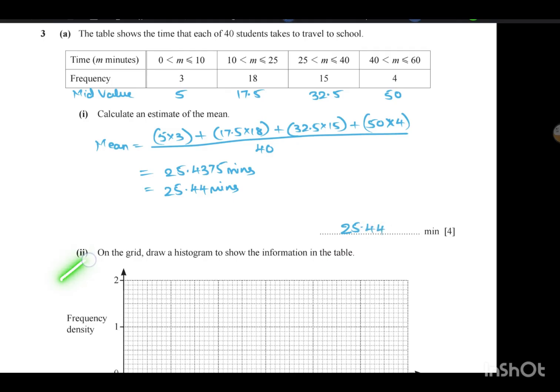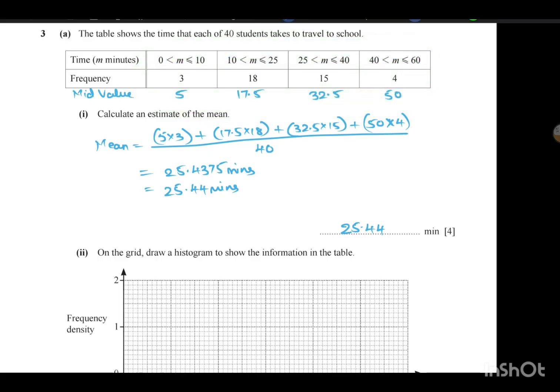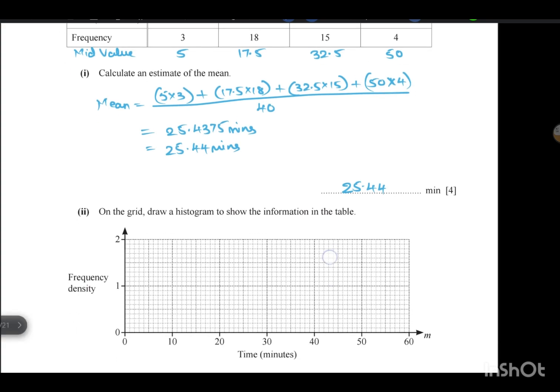Now B. On the grid, draw a histogram to show the information in the table. Now we have to use this table to draw the histogram. For drawing we need the frequency density to be found out. So let us find the frequency density for each class.